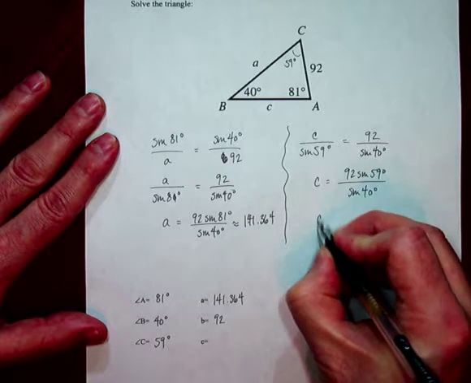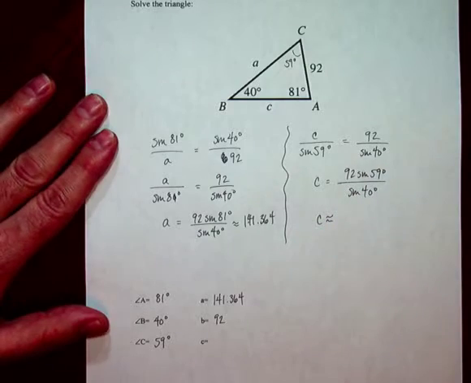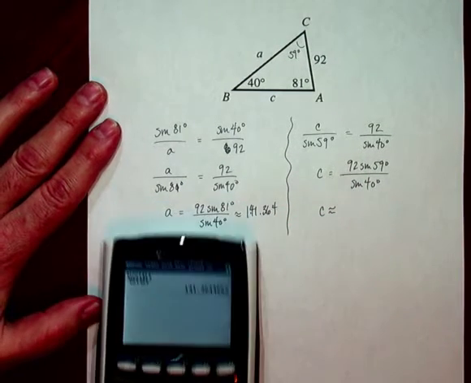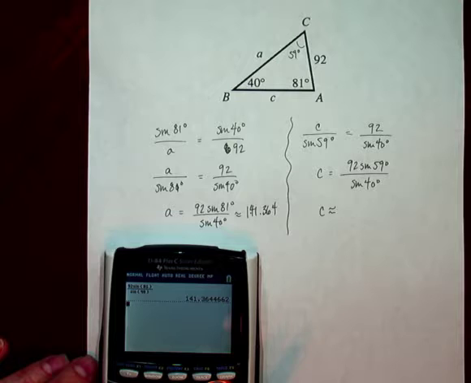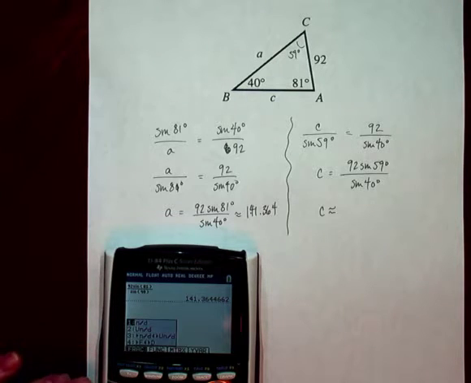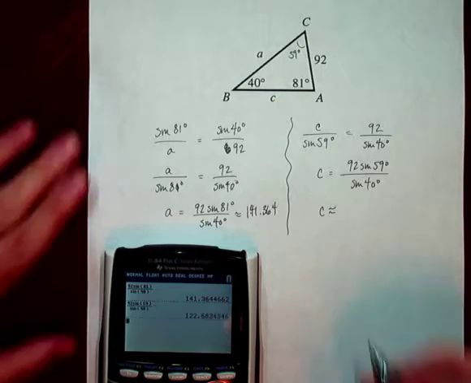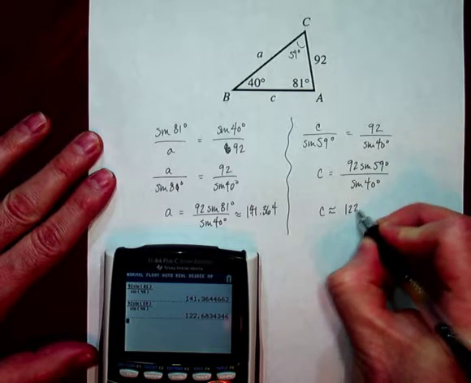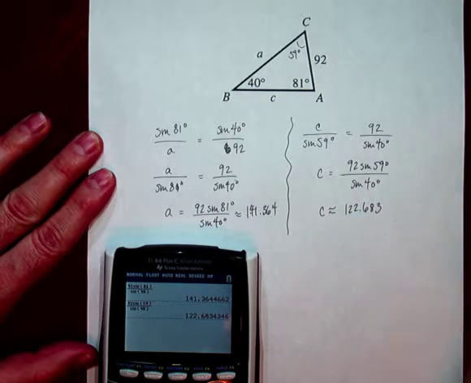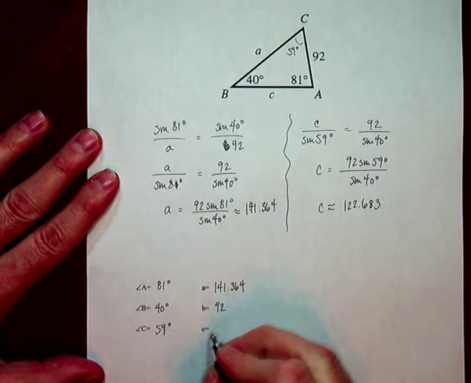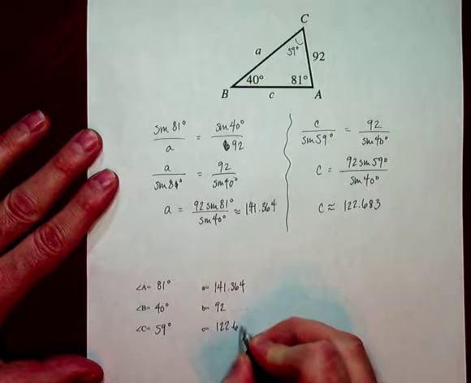Okay, and so C is going to be equal to, let's go ahead and check it out. 92 sine of 59 over sine of 40, and that's going to be 122.683.